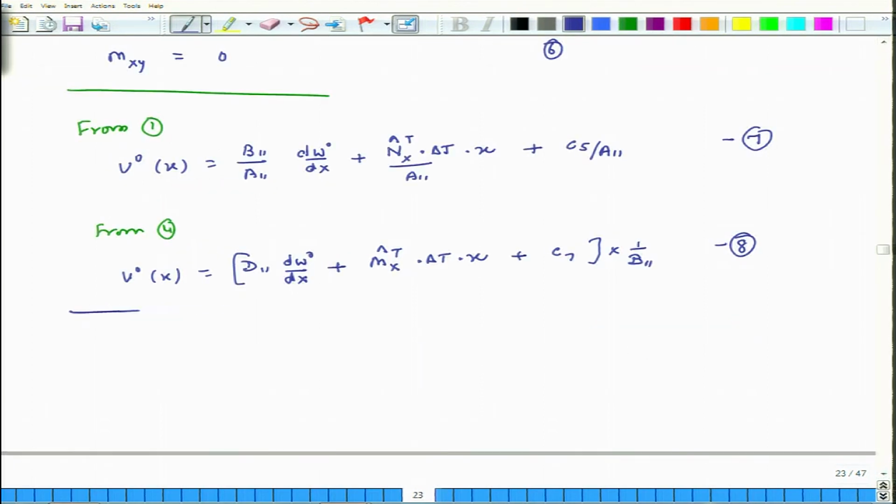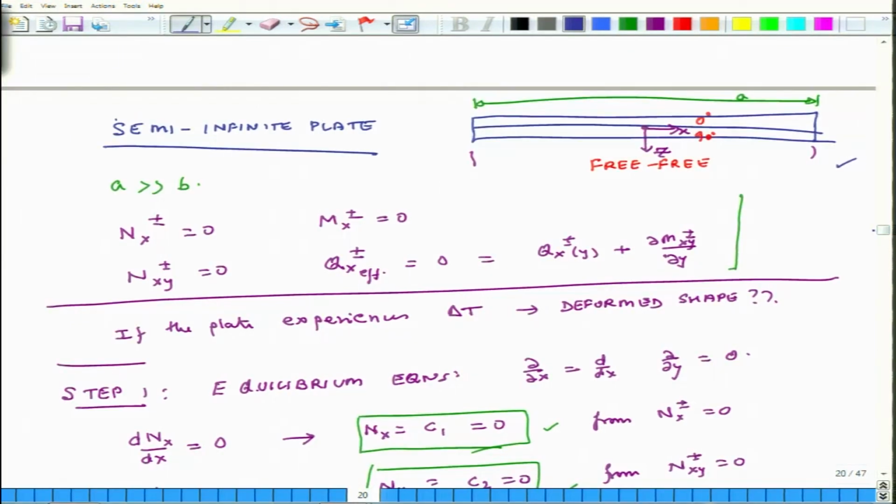Now, consider the case that if delta t is 0, then the plate should not exhibit any u naught. If temperature is 0, the plate is free, it has not seen any external forces. So, the only reason the plate is going to change its configuration and exhibit u, v and w is because of temperature difference.